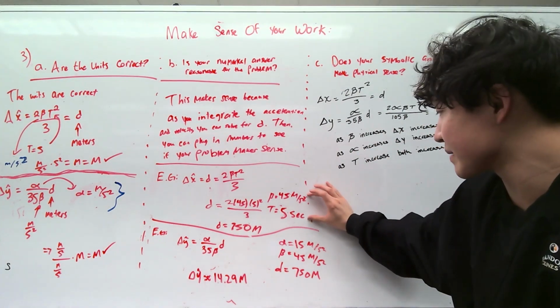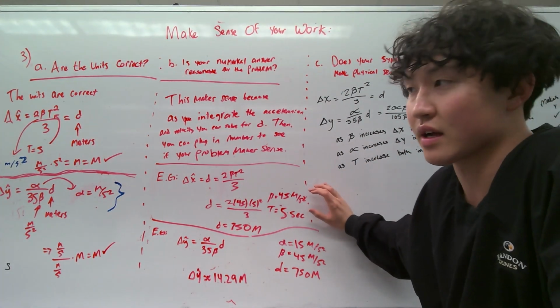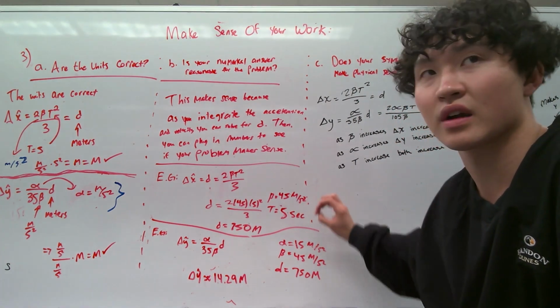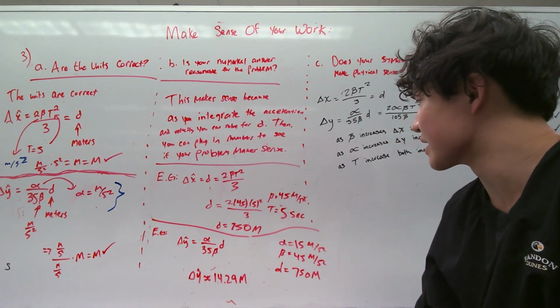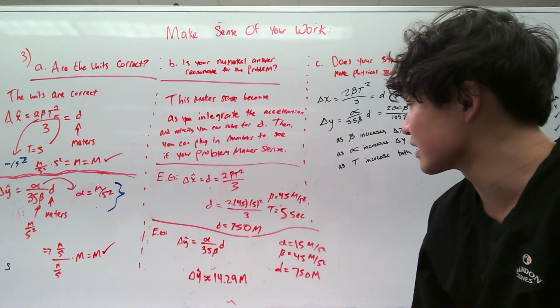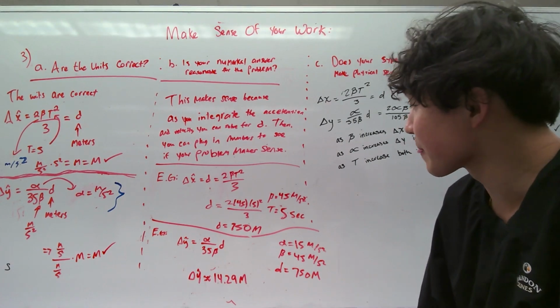And these numbers came from my research, where I found that a good number for a helicopter's acceleration is 45 meters per second squared, and for t to be 5 seconds.